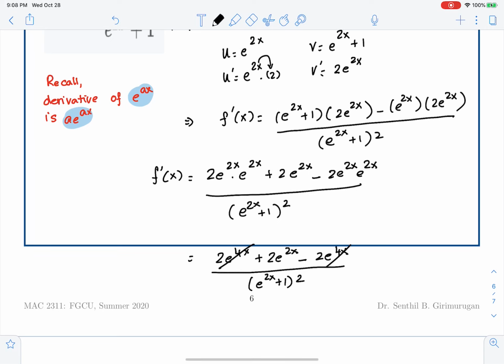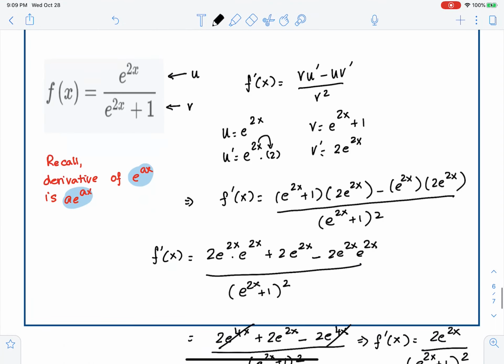Those two would get cancelled, and we will have f prime of x is 2 e raised to 2x divided by e raised to 2x plus 1 squared. And that would be the derivative.